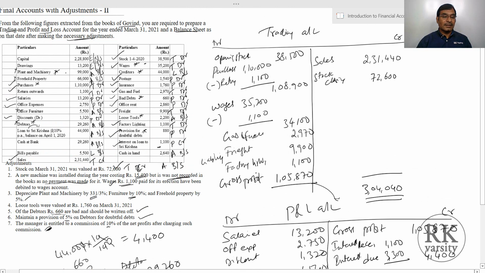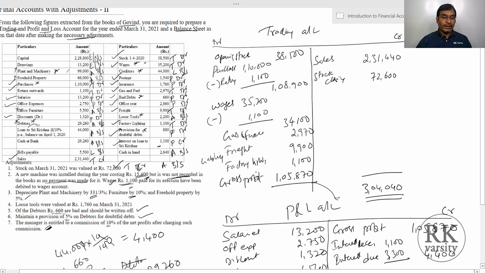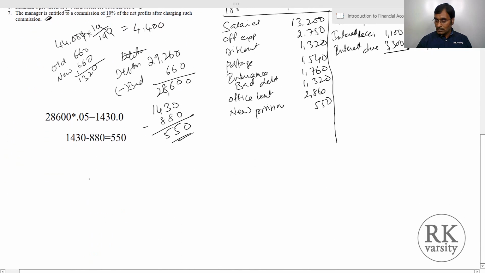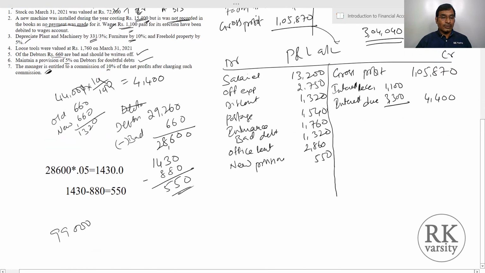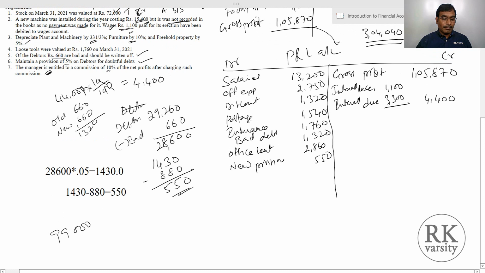This is 99,000, the old plant and machinery, and the new one is 15,400 plus wages of 1,100. All the incidental expenses related to the purchase of an asset need to be added. That's the reason why we are adding this.